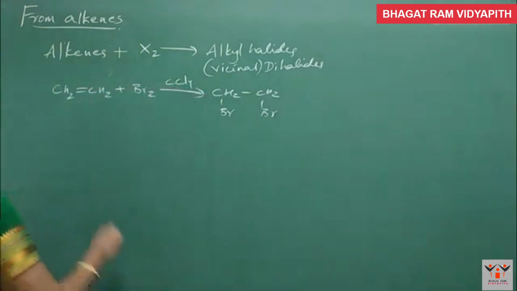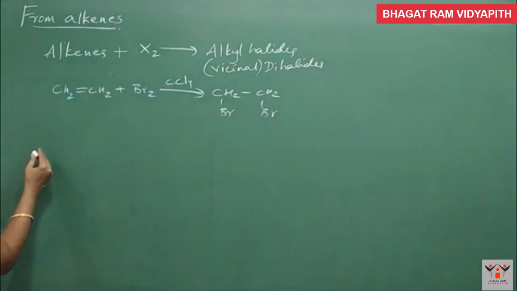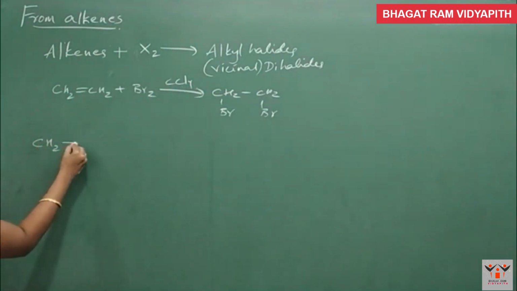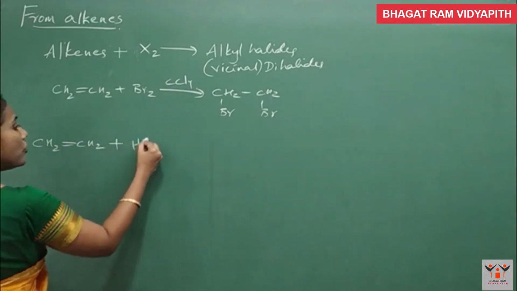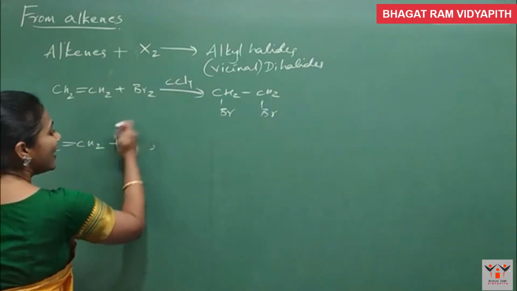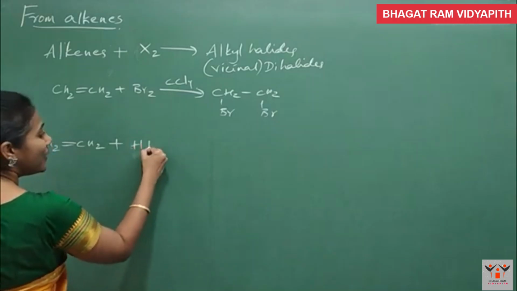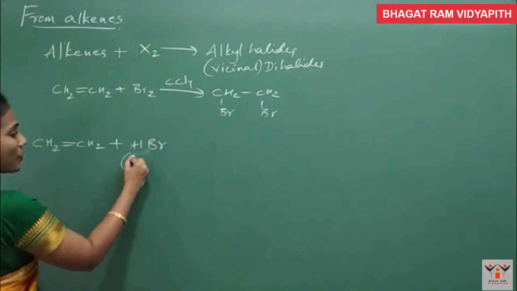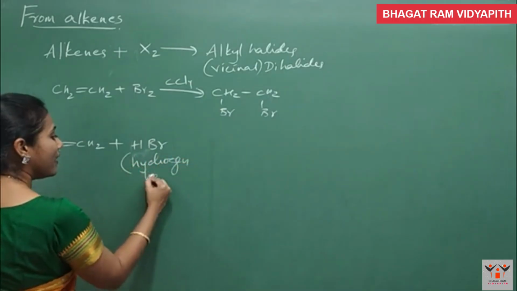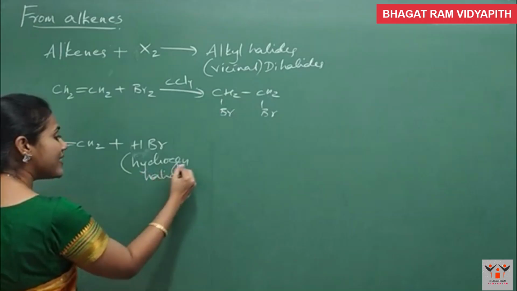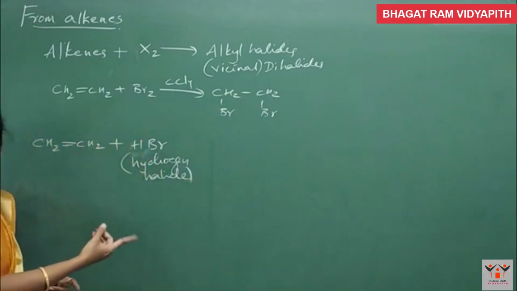Suppose I take an alkene, CH2 double bond CH2, and I can also add hydrogen halides like HBr. This is an example of a hydrogen halide, right? You can add HCl, you can add HI or anything.